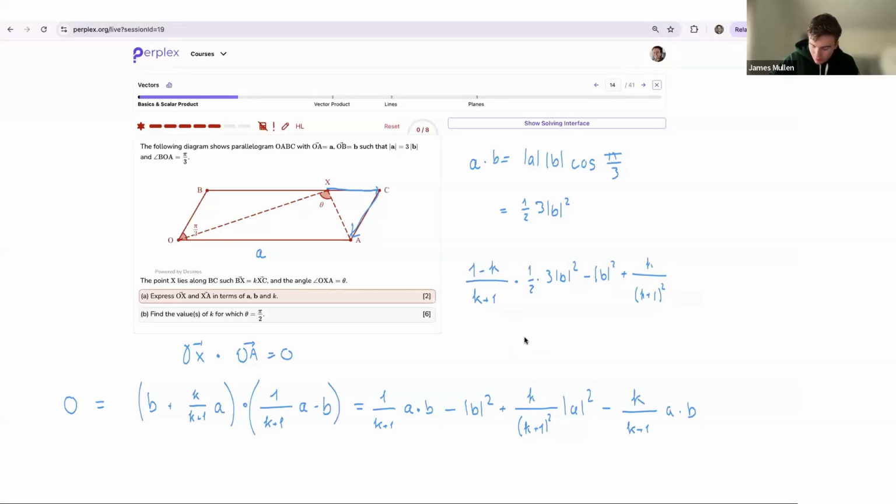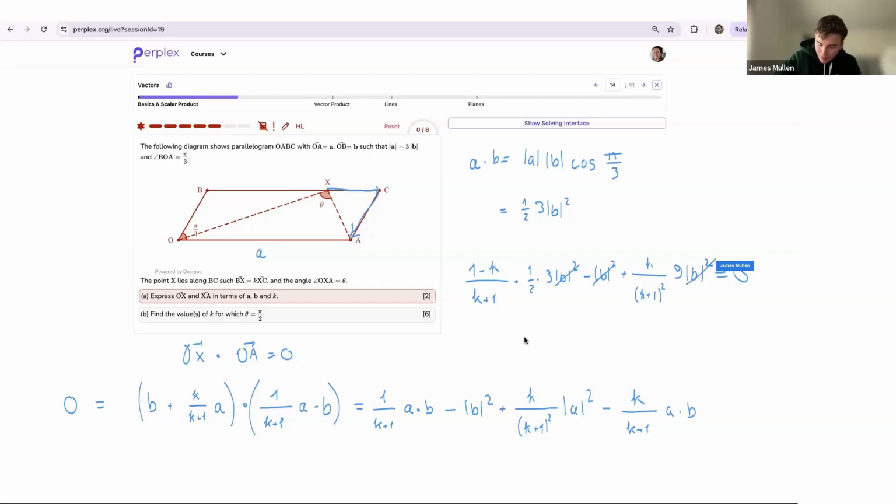The magnitude of A is 3 times the magnitude of B, so the magnitude of A squared is going to be 9 magnitude of B squared, and that's all equal to 0. Now, because each term has a magnitude of B squared in it, and the magnitude of B squared is not equal to 0, I can cancel each of these out.